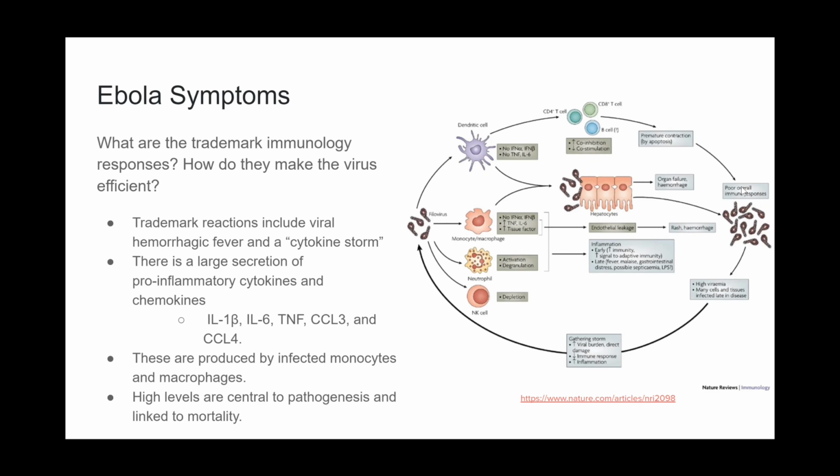This can lead to an overall poor immune response, high viremia, which is the presence of the virus in the blood. This ultimately affects many cells and tissues in the late stage of the disease, increases inflammation and increases viral burden to increase the amounts of filovirus.